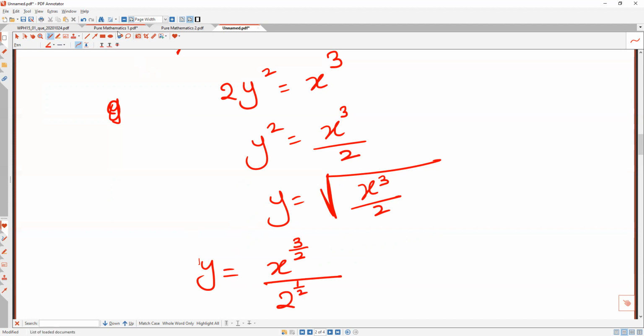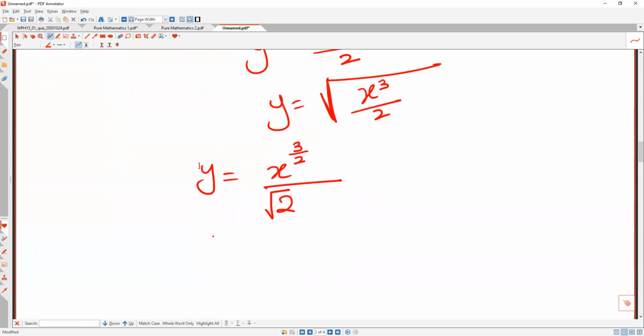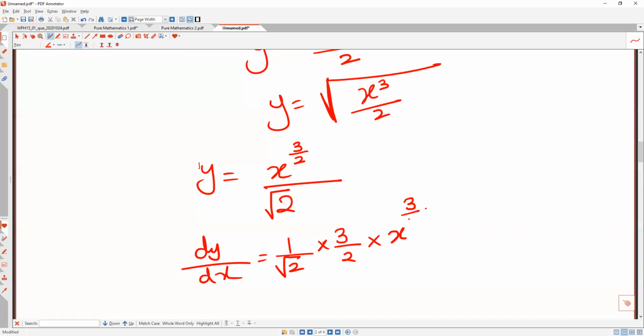Basically, we will write it as root of 2. So here our simplification is done. Then dy by dx equals 1 divided by root of 2 multiplied by 3 by 2 multiplied by x raised to 3 by 2 minus 1.